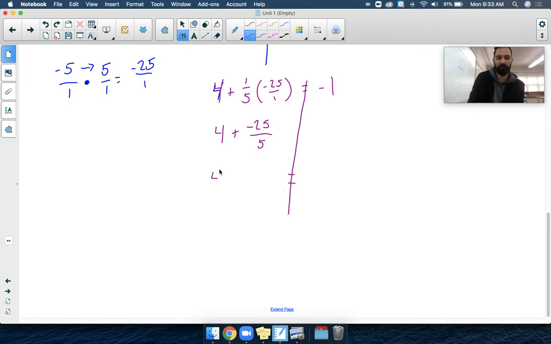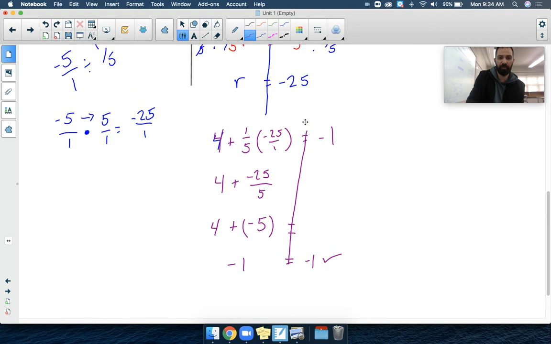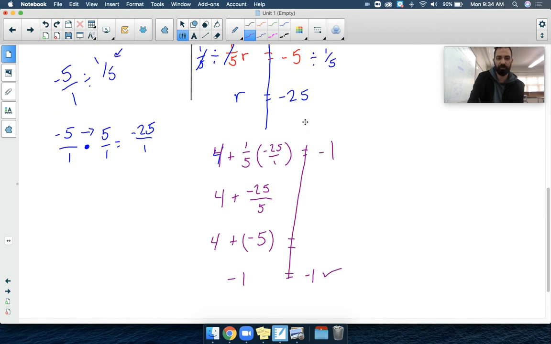And we have 4 plus -25 divided by 5 is -5. So we should get 4 minus 5, which is -1. Does -1 equal -1? It sure does. So we know that our original problem of r equals -25 is correct because we just proved it with that work right there.